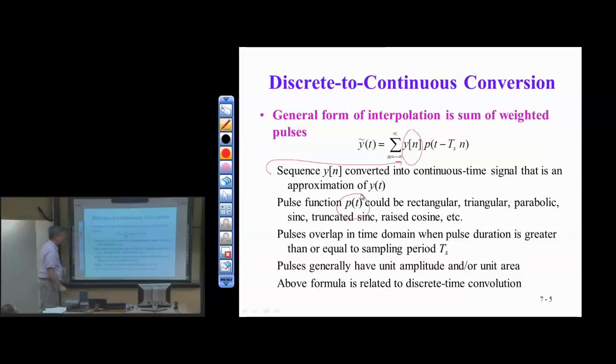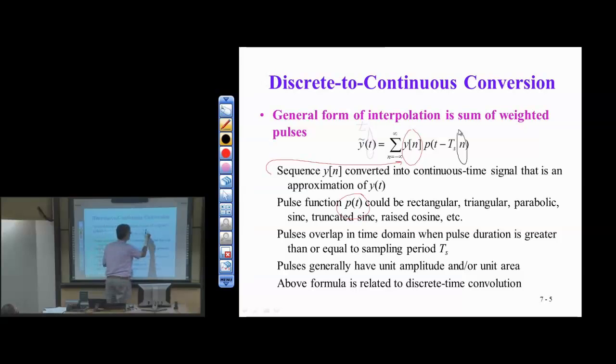values that I know. What's a little bit unusual is that the outer variable of this convolution is continuous time. The placeholder variable in the summation is discrete time.